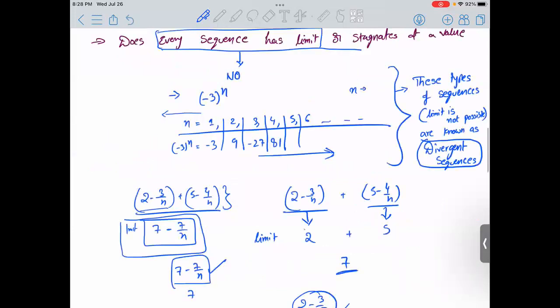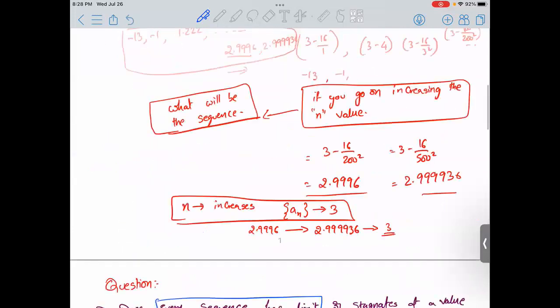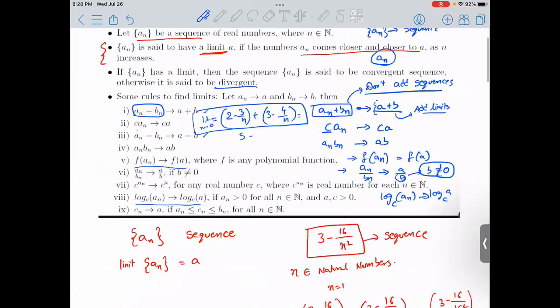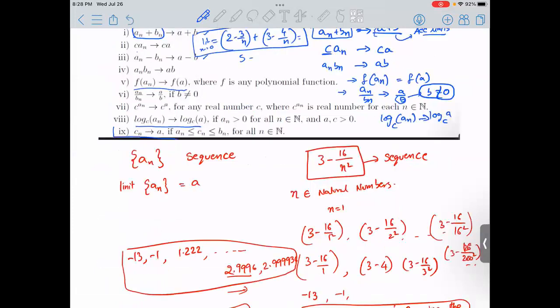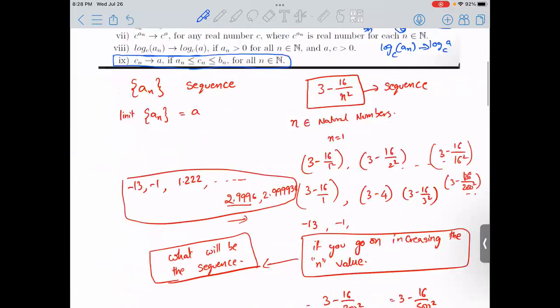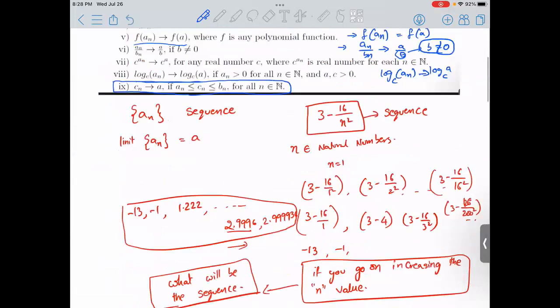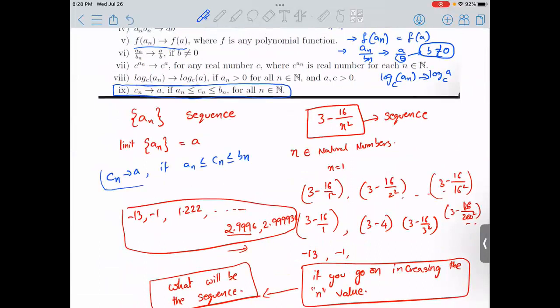Then we'll move on to the questions. I think I didn't explain the last one. Sorry. Look at the 9th point: if c_n tends to a, and if a_n is less than or equal to c_n, less than or equal to b_n, for all n belonging to natural numbers.